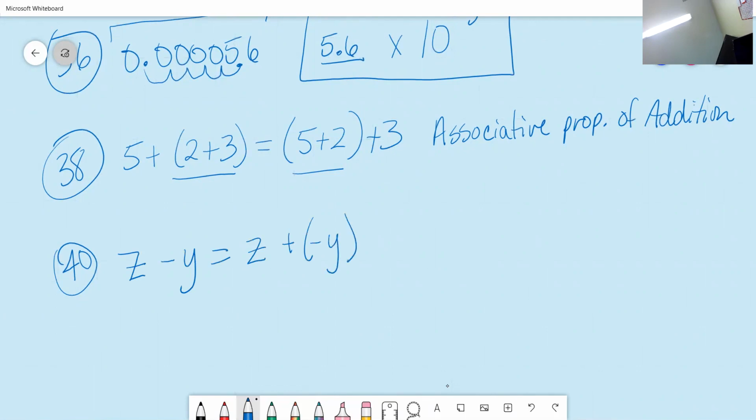Now, y'all remember this when I was teaching you about adding like and unlike signs, that those rules only apply to addition. So if you have a number minus another number, then you just throw a plus sign in there and then put the second number as a negative. And this shows you that you're not adding like signs, you're adding unlike signs because that negative moves into that second integer. So this is by definition, the definition of subtraction.